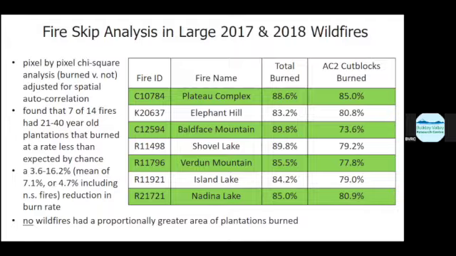So a master's student, Andrew Boxwell, and I did a chi-square analysis of an overlay of the VRI and the burn severity maps, and concluded that, in fact, yes, for half of the 14 fires of 2017 and 2018 that we addressed, there was this significant difference. That is, that H class 2 cut blocks survived, remained unburned more than you would expect by chance relative to the overall burn level within the fire perimeter.